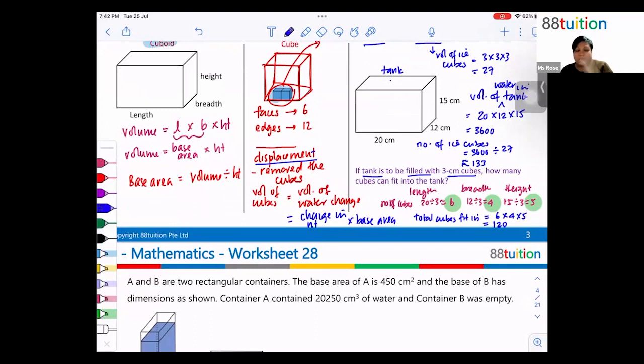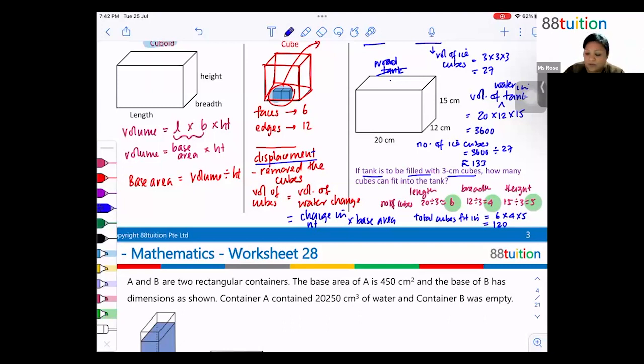See? Okay, so you must be clear when it comes to volume. They can ask you these two things. Or sometimes they tell you that you have a block of wood. Let's say instead of a tank, they tell you this is a block of wood, and you want to cut 3 cm cubes from this block of wood. How many cubes can you get?